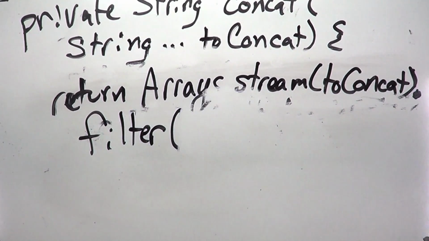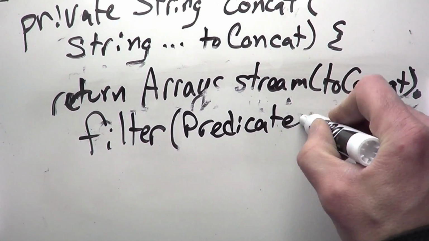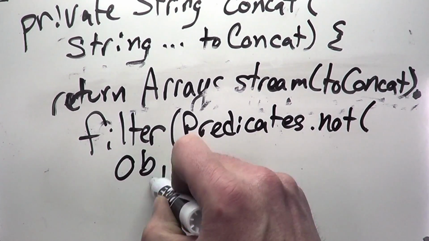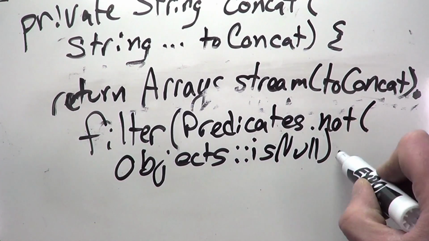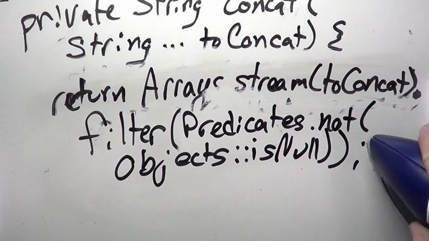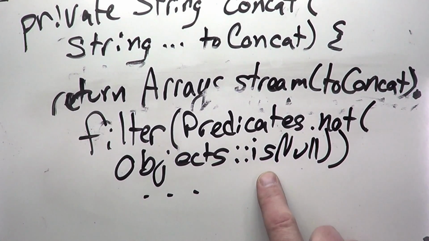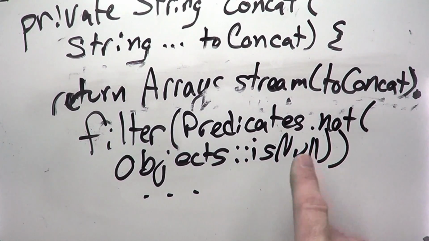We want the reverse of that. So let's do predicates dot not, and then do the objects is null. Yeah, we don't really want a semicolon there because there's more stuff underneath here for the collector. So that'll filter out all of the strings that are null, and so you're left with all the non-nulls.